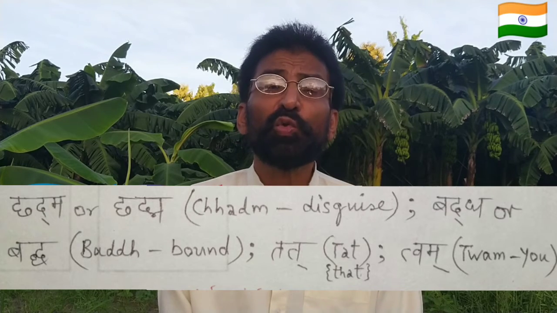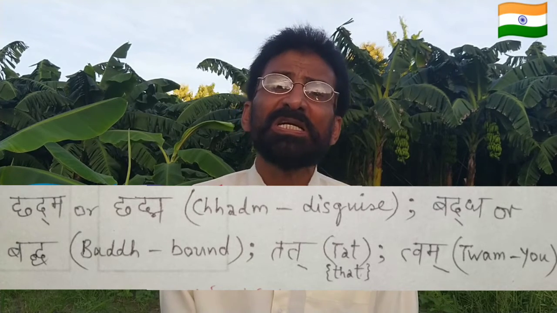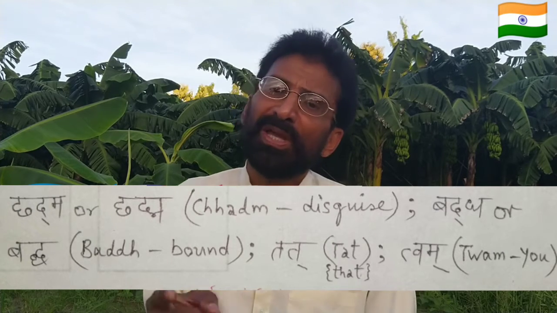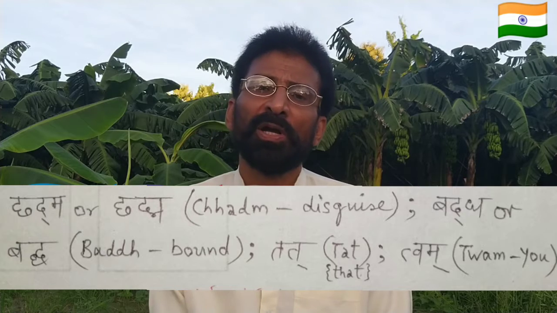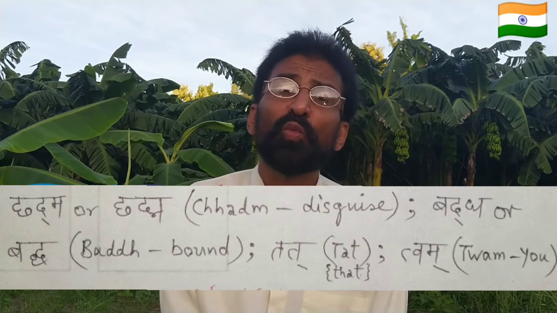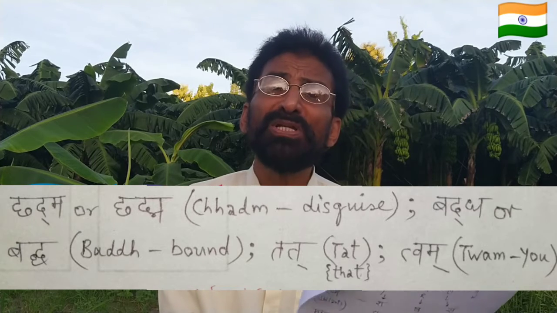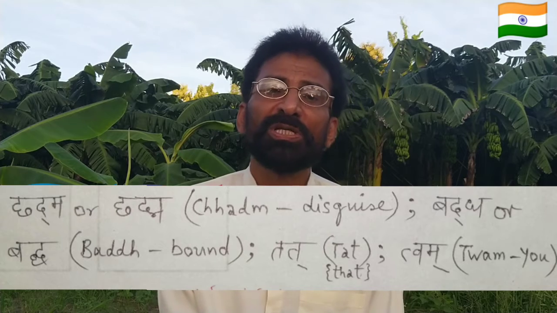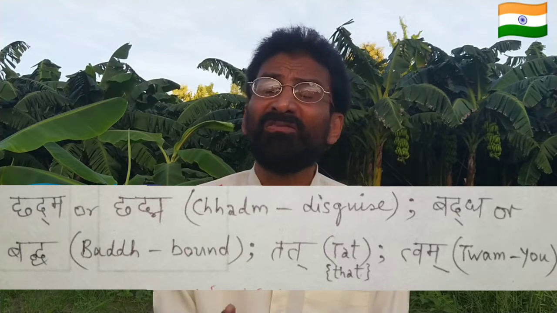Another word, tvam. Now this is a good example of writing half consonants in the beginning or in the middle or at the end of the word. So tvam is also a Sanskrit word like tat. Tvam means you. See in the chart how I wrote this. Tvam is not tavam.